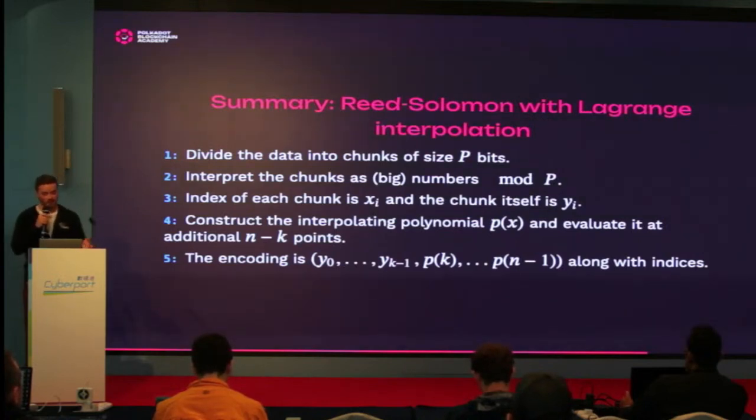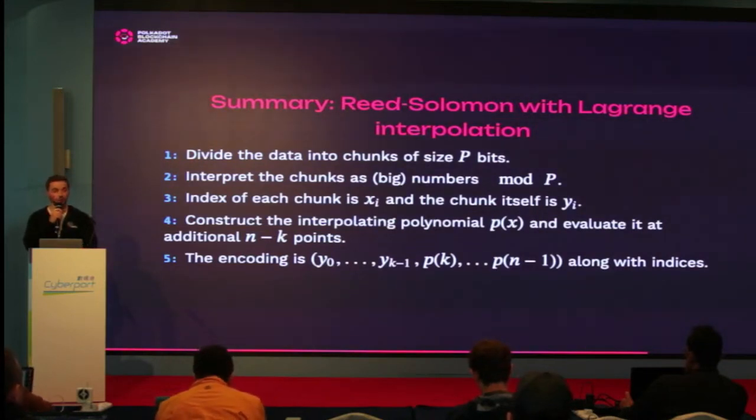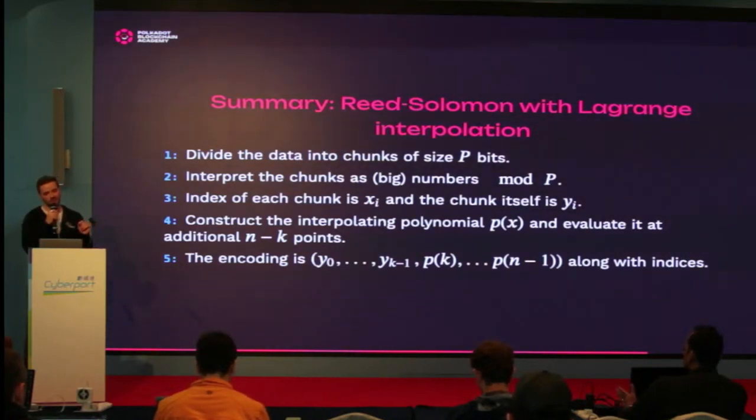So the full encoding would look like what we have on our bottom line here. y sub 0 through y sub k are our original information, so that's k different chunks of original information, and then P(k) out to P(n minus 1) is all the new information that we've created, new points that we've placed on our graph that we would then be able to define a polynomial by.